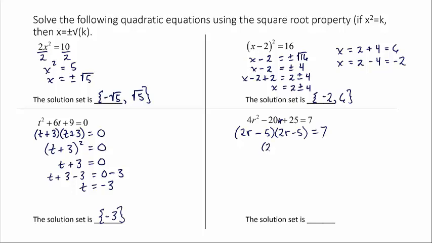So we would have 2r minus 5 quantity squared equal to 7, and then we can employ the square root property as we're supposed to, right? If you take the square root of both sides, we're going to have 2r minus 5 equal to plus or minus the square root of 7. And if we add 5 to both sides, 2r minus 5 plus 5 equal to 5 plus or minus the square root of 7.